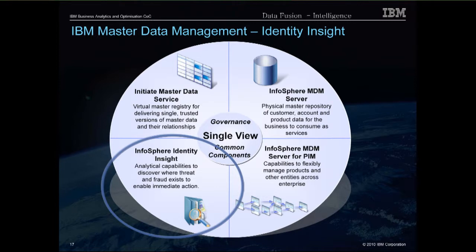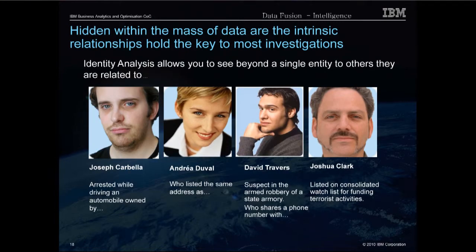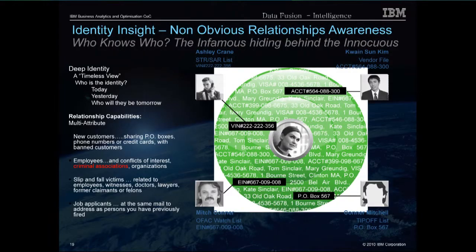But I just want to highlight here something called the InfoSphere Identity Insight. It's really about looking at the intrinsic relationships, the two to three degrees of separation, who's related to whom. But it's not only related to people, it can also be related to entities themselves, for vehicles, planes, cargo, etc. But it's also about the insight into the non-obvious relationships, how to be able to trawl through the information and see where the connections are that you don't know about.